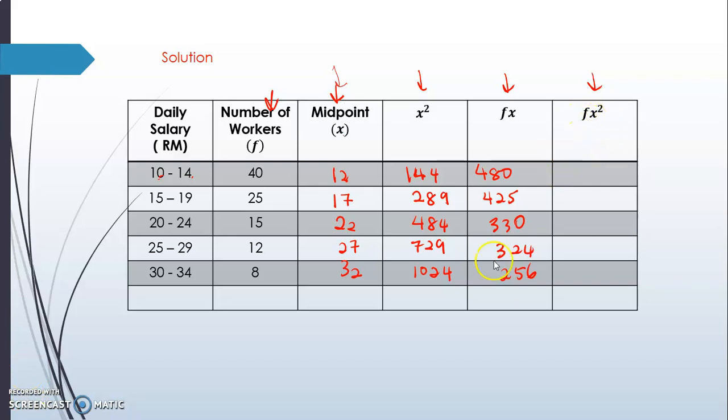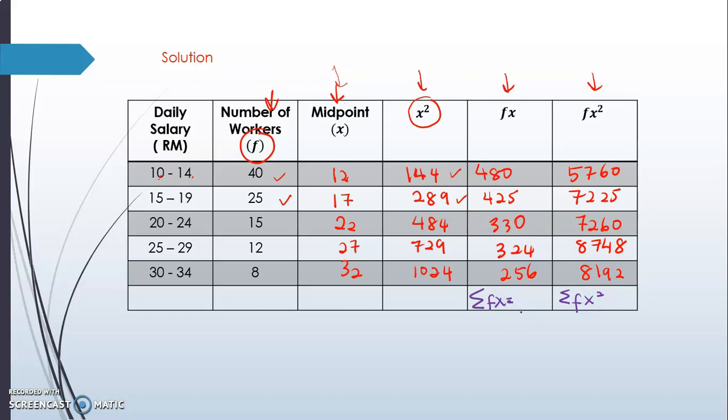So this one means f, the frequency, multiplied with x to the power of 2. So for the first row, 40 times 144 is 5760, and then 25 times 289 is 7225, and so on.